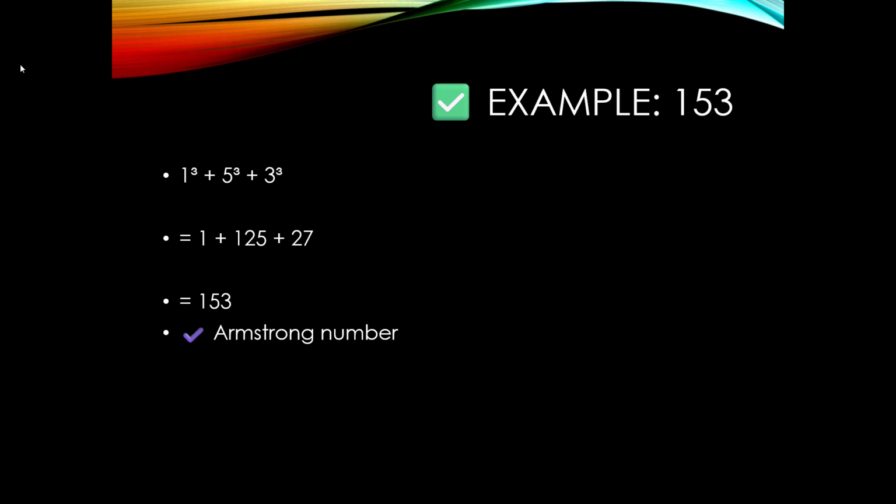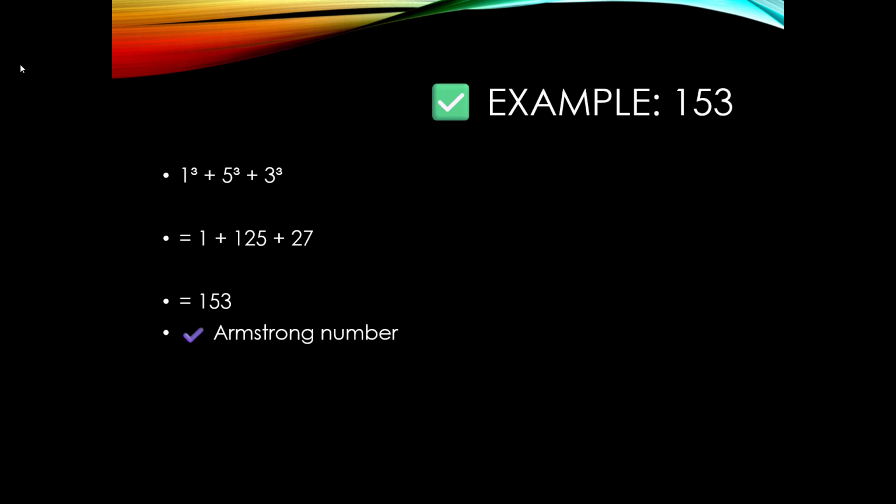Just for an example, 153 is an Armstrong number because 1 cube plus 5 cube plus 3 cube equals 1 plus 125 plus 27 equals 153. So we are going to find Armstrong numbers between 100 and 1000.